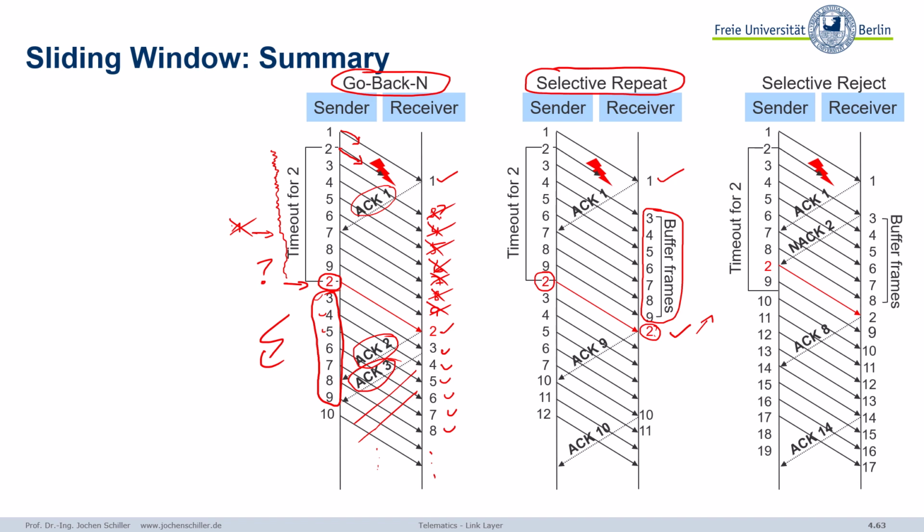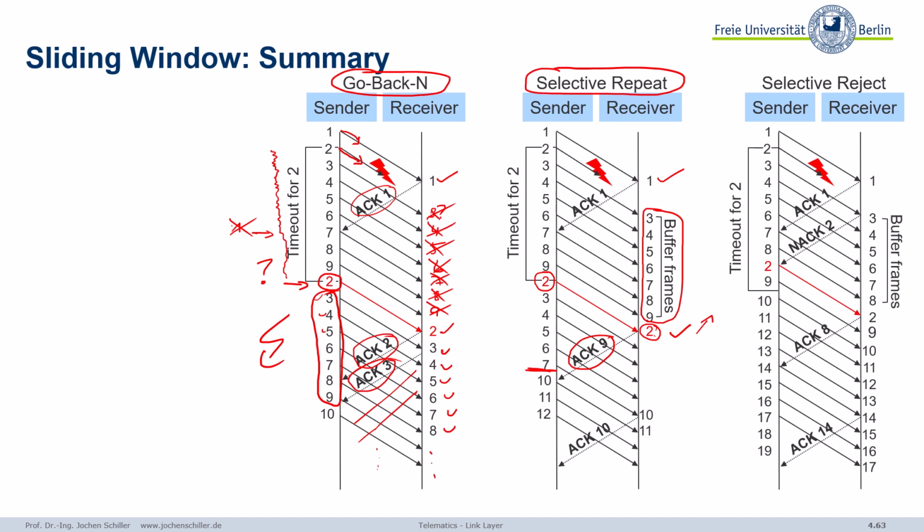But, and now this is the difference, it immediately acknowledges up to 9. And this tells the sender, oh, okay, the receiver already got everything up to 9, and it will stop repeating.